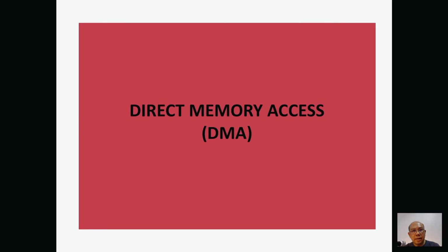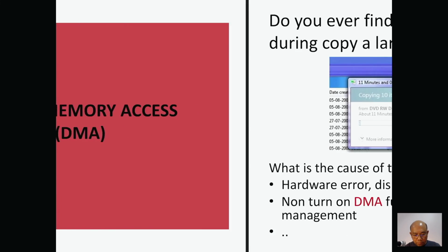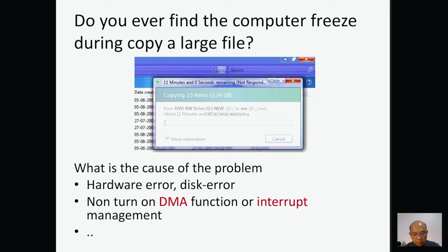Okay, now this is the last topic, direct memory access or DMA. I think you have ever had this problem when copying a large file from the CD-ROM or the hard drive to the USB flash drive.